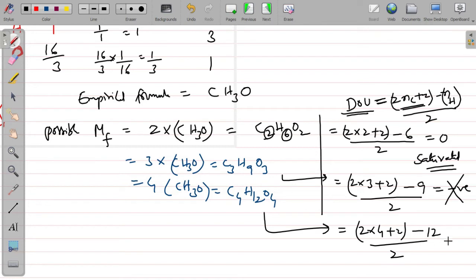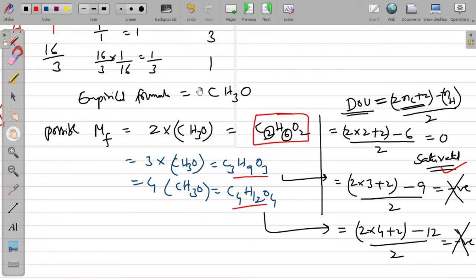This is also a negative quantity, so it is also not possible. From 4 onwards, 5, 6, all become negative, which is not possible. So with the given empirical formula, there is only one compound possible which is saturated, and all others are not possible. So the compound is C2H6O2.